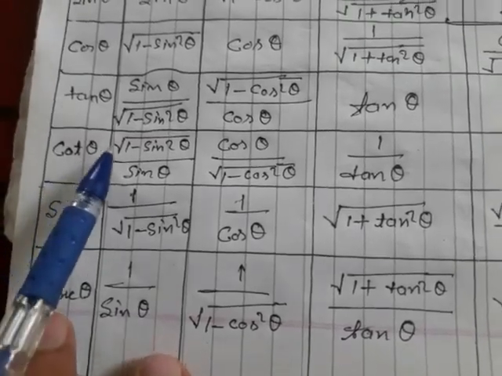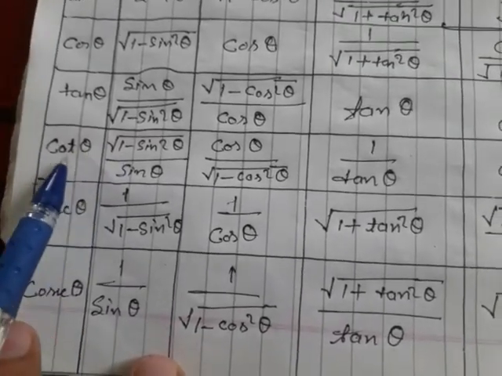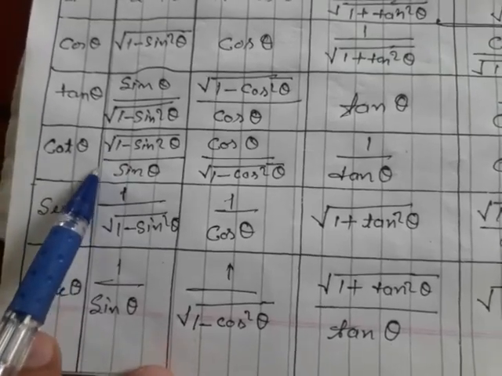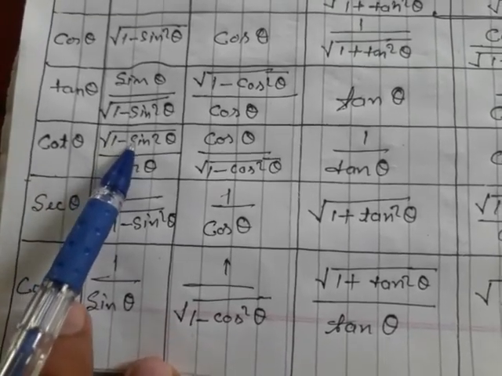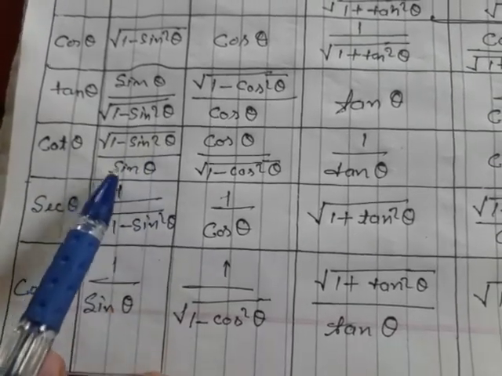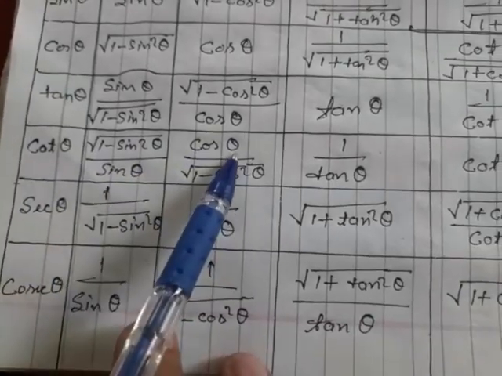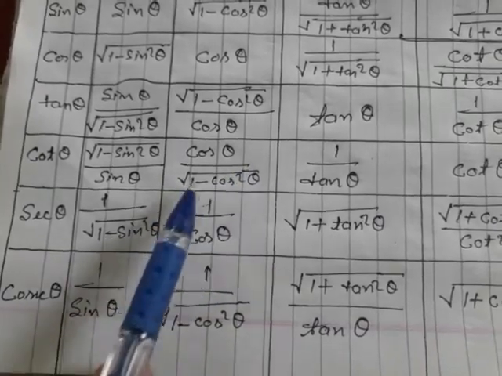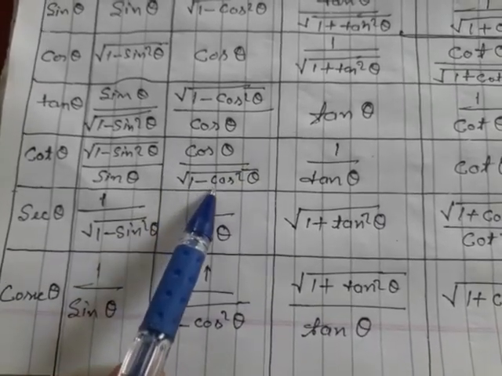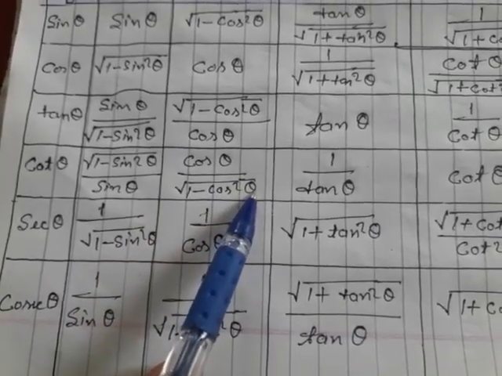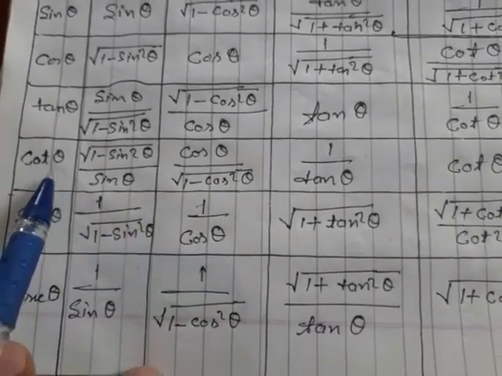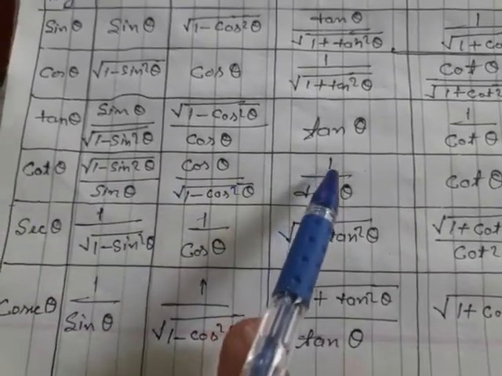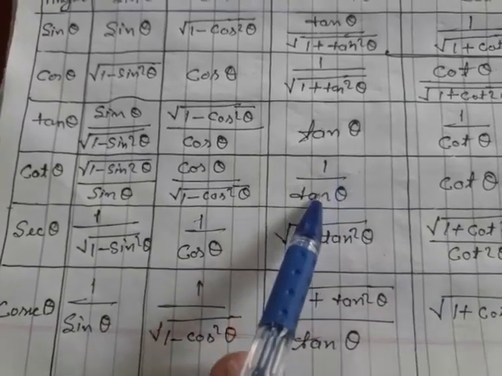Cot theta in the form of sin theta. If we have to write cot theta in the form of sin theta, then we write under root 1 minus sin square theta upon sin theta. In the form of cos theta: cos theta upon under root 1 minus cos square theta. Cot theta in the form of tan theta, so we write 1 upon tan theta.